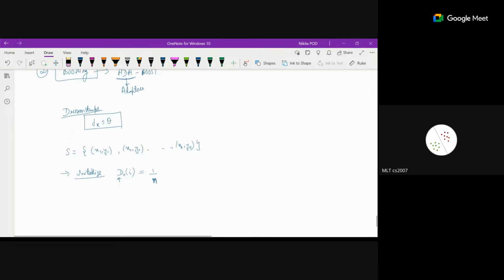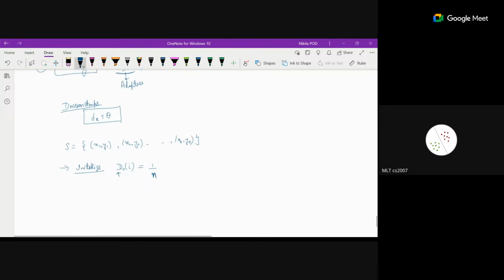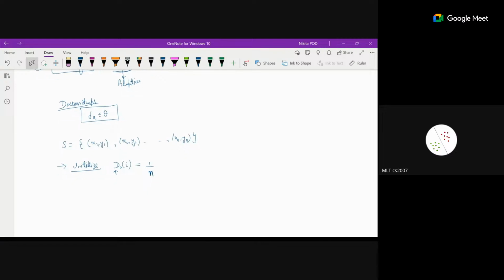So in the starting, the way the data points will come in for our bag is going to be uniformly distributed. Since there are n data points, every data point will have the same weightage of coming in the bag. So this is the first step, that is initialization.